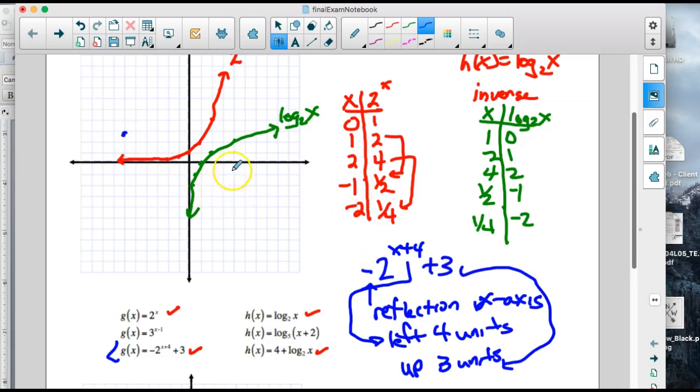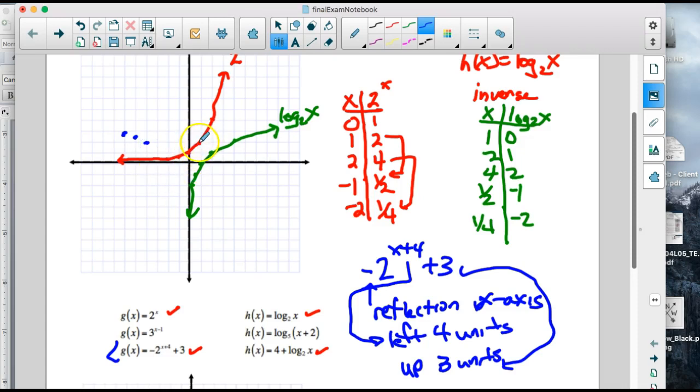And then the next point, which is this one that's at a half, we reflect, it would move down here. Then it would move over 4, 1, 2, 3, 4, and then up 3 units, 1, 2, 3, so it would be right here at the half. Okay, this point here at 1 would be reflected here to -1, then we move 1, 2, 3, 4, and up 3, 1, 2, 3, it would go through this point here.